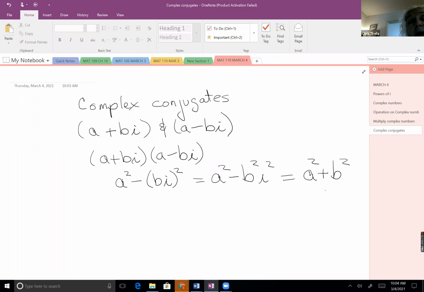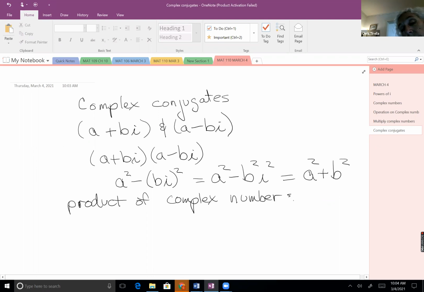And so the product of a complex number and its conjugate will always be real. The product of a complex number and its conjugate is always real.